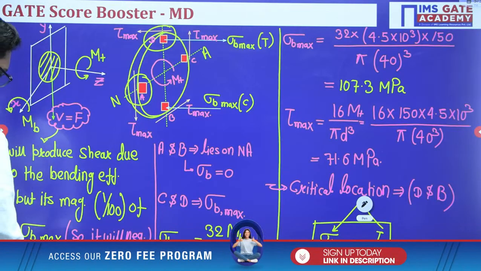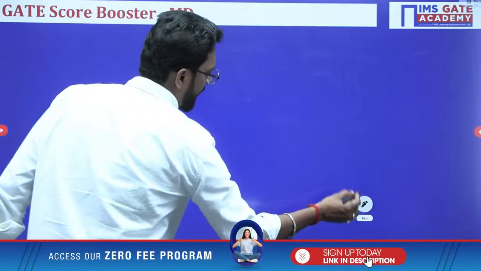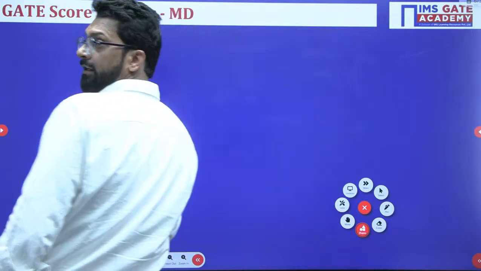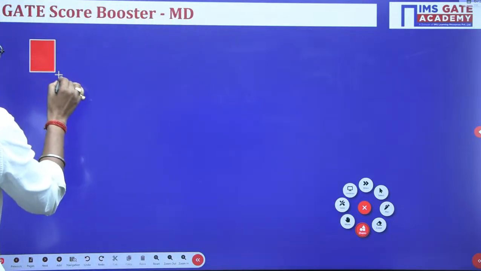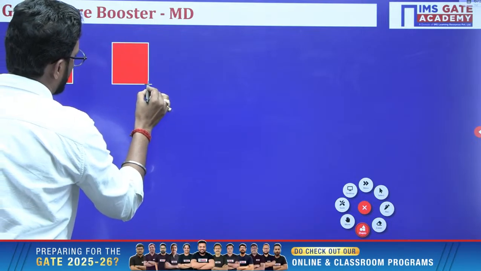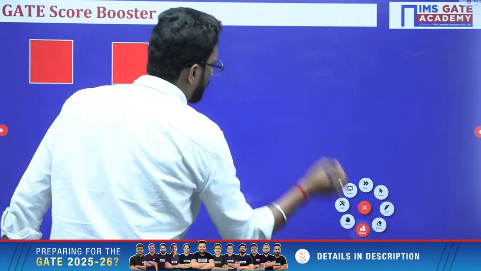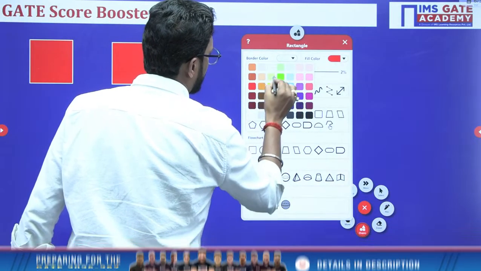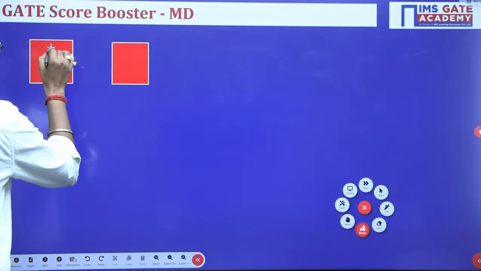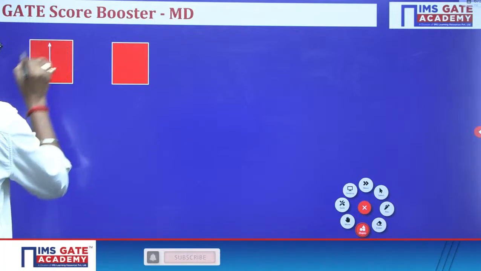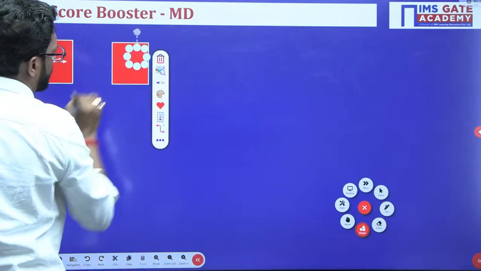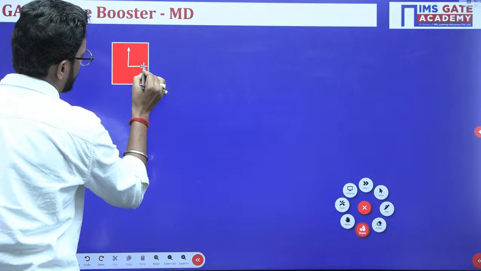Let's suppose this is state of stress A and this is state of stress B. Two states of stresses are there, and obviously this is the x-axis, this is the y-axis. Okay.